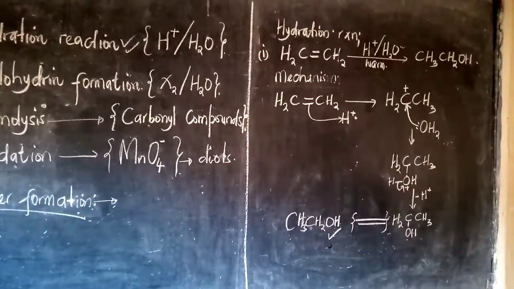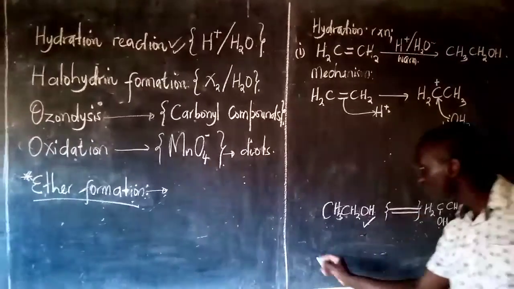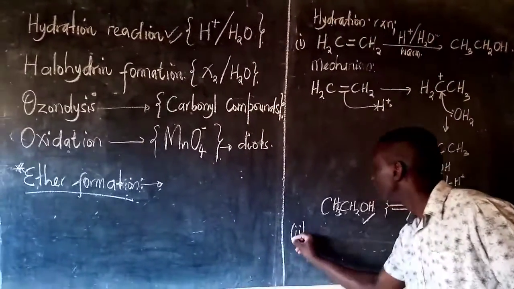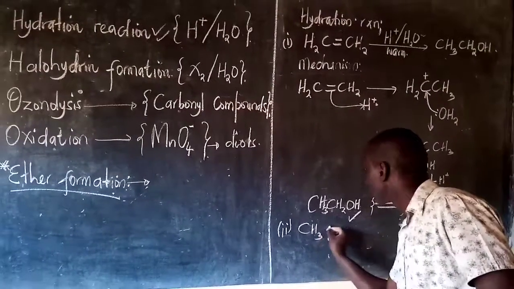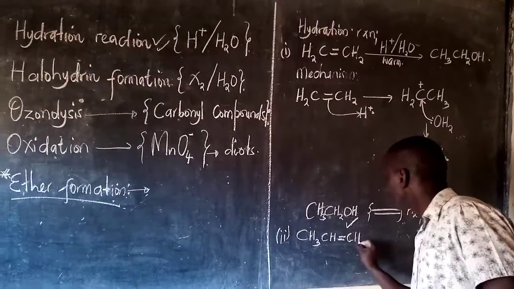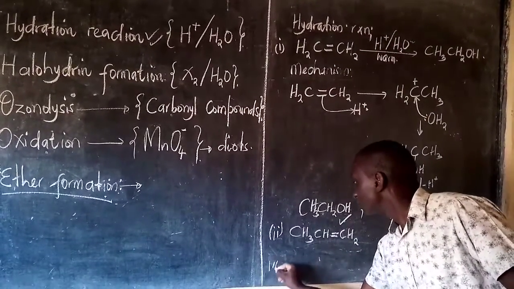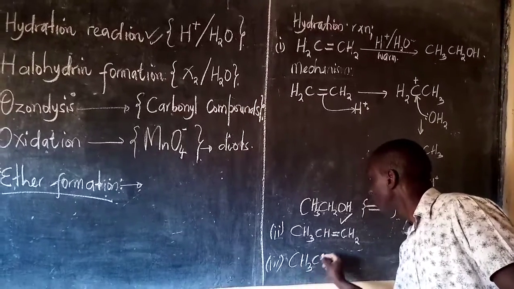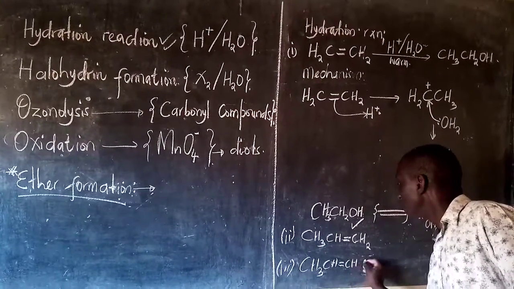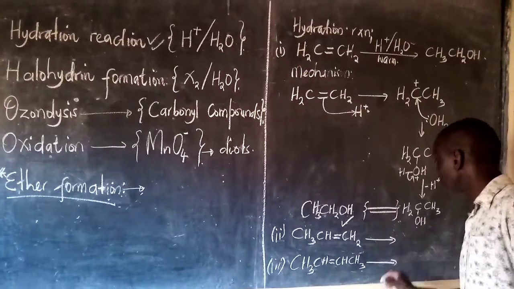I've used ethene to demonstrate how the reaction takes place. Feel free to try out the same hydration reaction using another alkene, for example propene, or another example such as but-2-ene, and see what comes out.